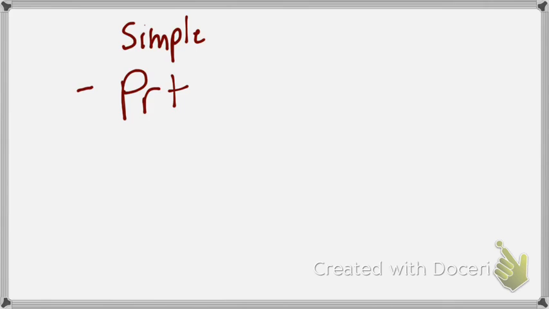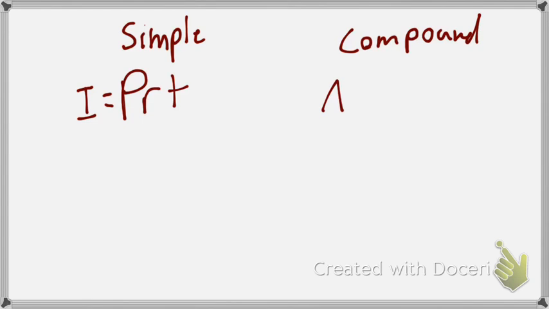Pythagorean theorem is one of them, but it also says the simple interest is I = PRT. And then there's compound interest, which is A = P(1 + R)^T.